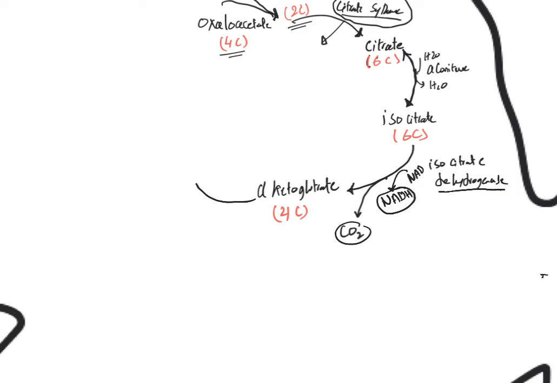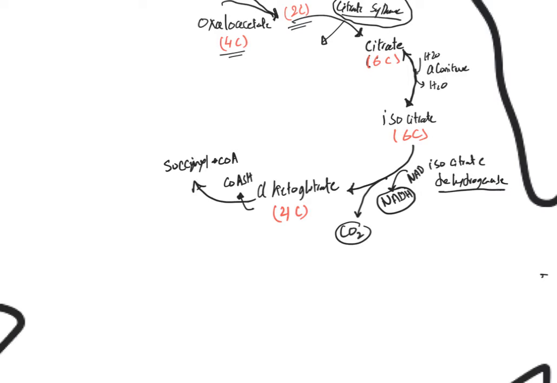Now we're going to convert that alpha ketoglutarate into succinyl CoA. In this reaction, we're going to need CoASH.